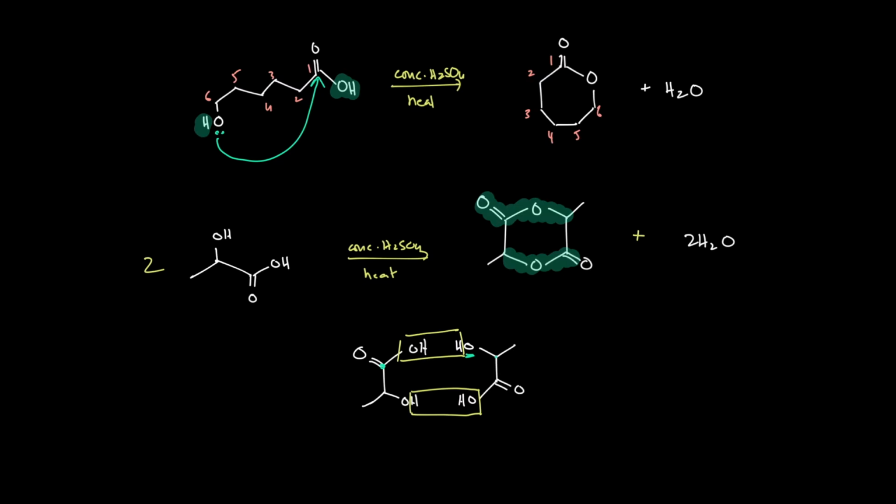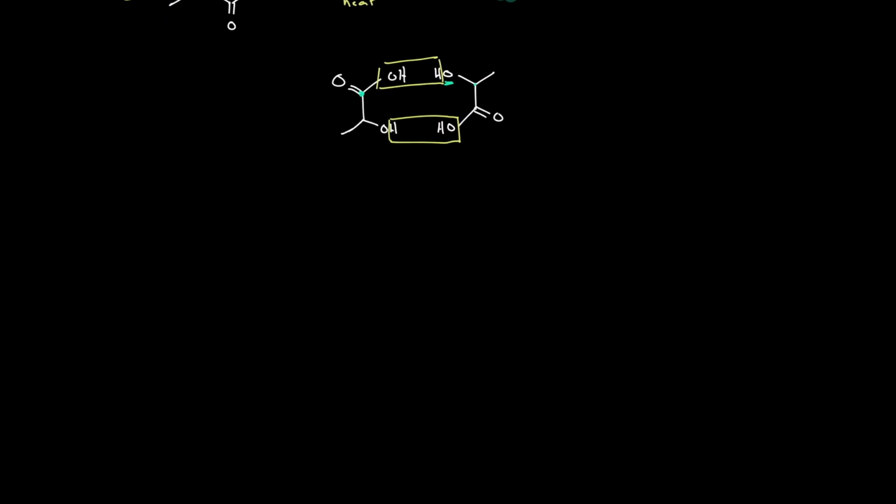Let's look at some more examples of different types of esters that we can get. One type of ester that we can get is, for example, let's say that I had something like this. Ethane dioic acid esterifying with, let's say, ethanol. And over here again, let's say that I have concentrated H2SO4.